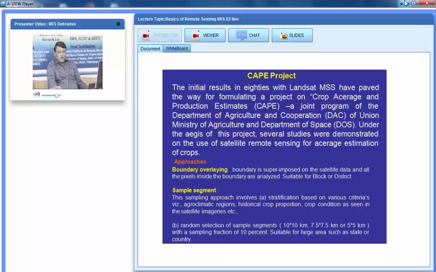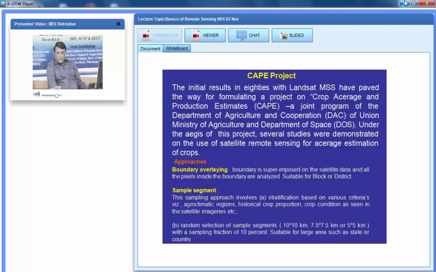Based on the historical crop proportion, you can divide the data into less than 30%, 30 to 60%, and greater than 60% wheat crop in different districts within a particular stratum. So 3 strata will be there: less than 30, 30 to 60, and greater than 60.